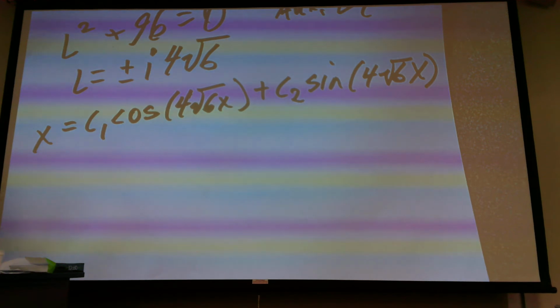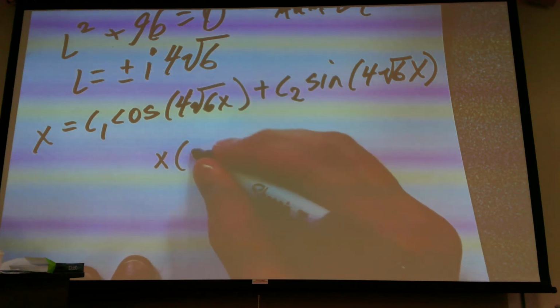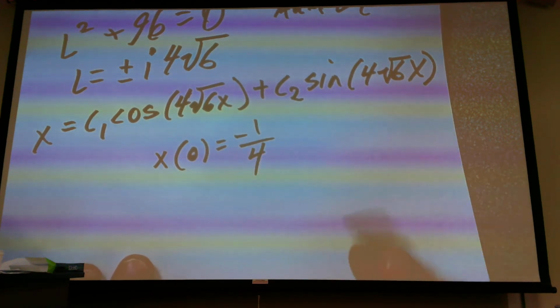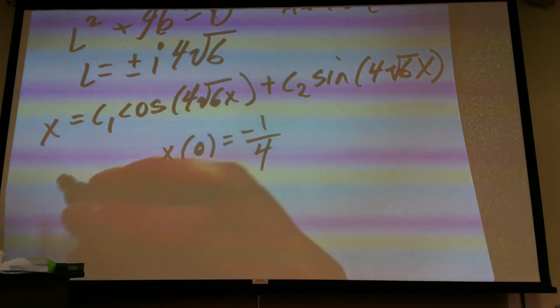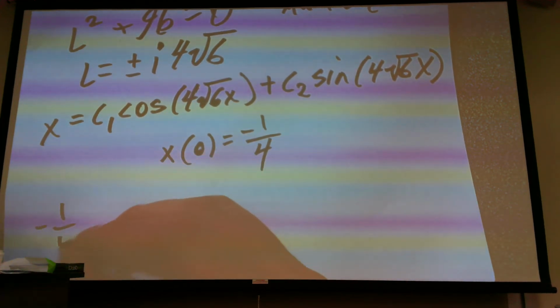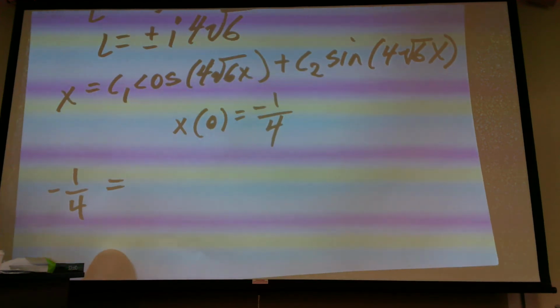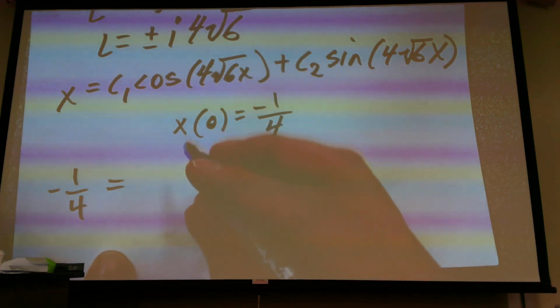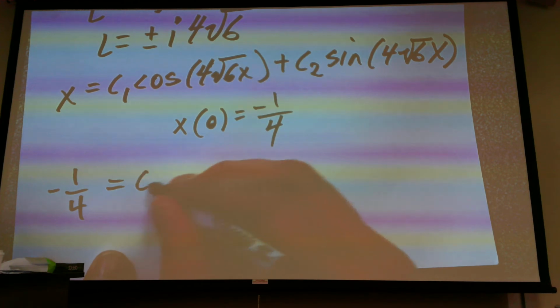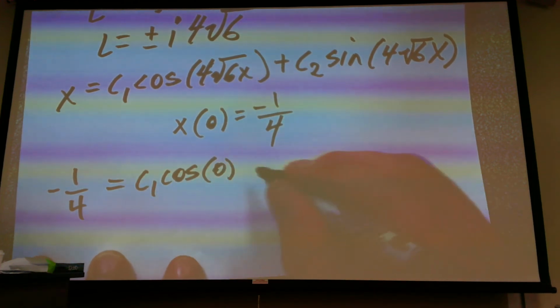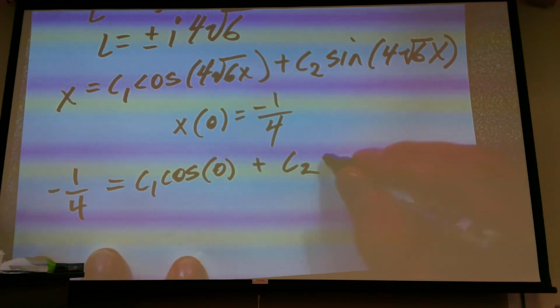All right. So now we're going to use our initial conditions for the problem. So x of 0, we said, is negative 1/4. Cosine of 0 is 1, and sine of 0 is 0. So this would be C1 cosine of 0 plus C2 sine of 0.